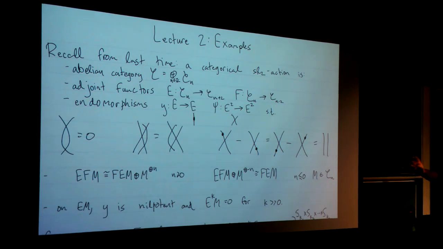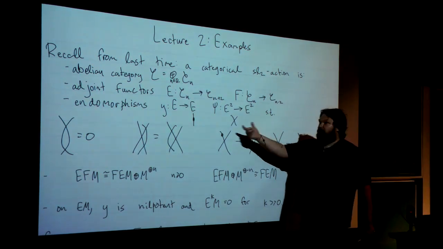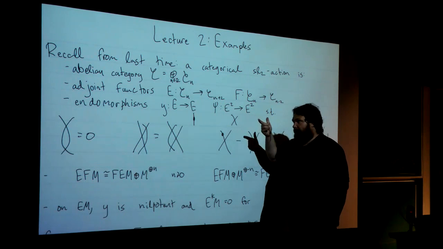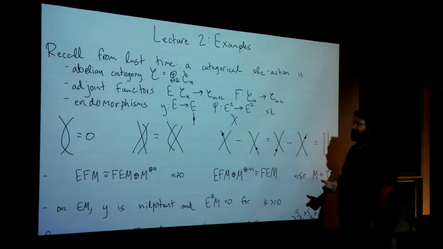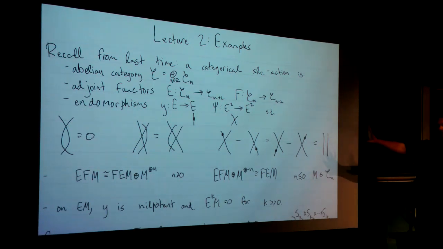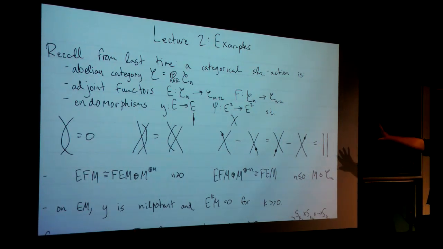The important thing is these guys give us extra structure and they appear in all the interesting cases we want to do. Okay? So somehow the justification for this definition is you can prove lots of things based on proving that something is a categorical SL2 action, and there are lots of interesting categories that carry SL2 actions.